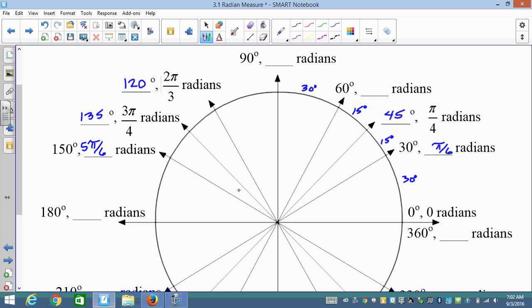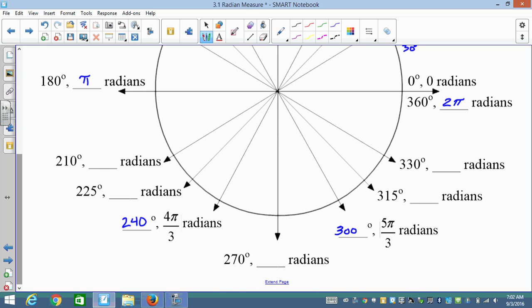You get to calculate that one. Notice this is pi over 4. This one also has a pi over 4. This one has 2 pi over 3, so this one also has pi over 3. And I've already told you about here 0. Full rotation is 2 pi. Half rotation is pi. So a quarter rotation would be pi over 2.